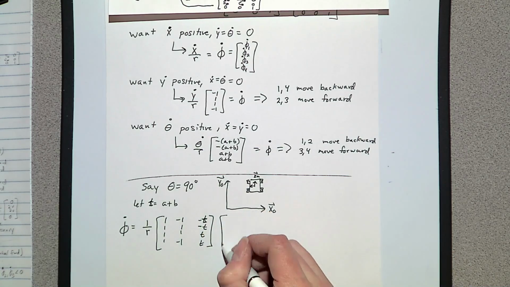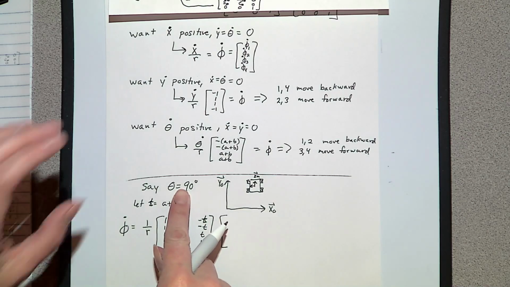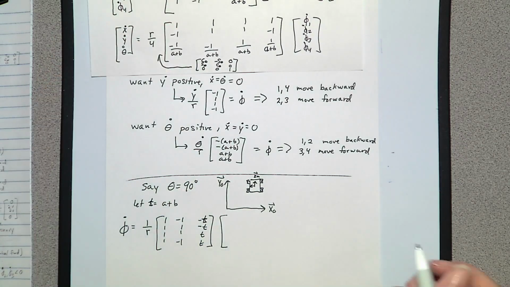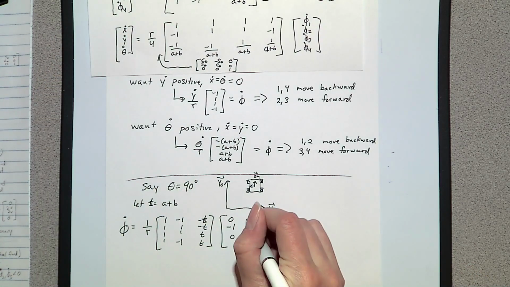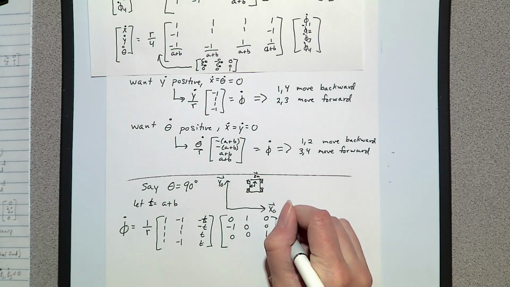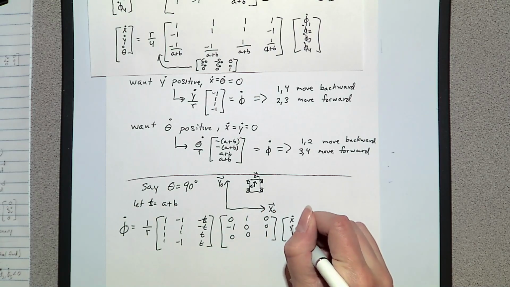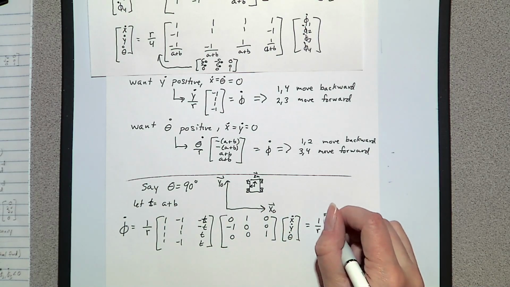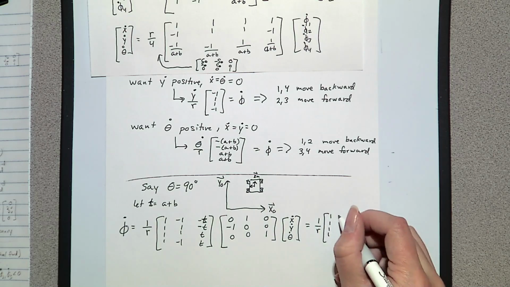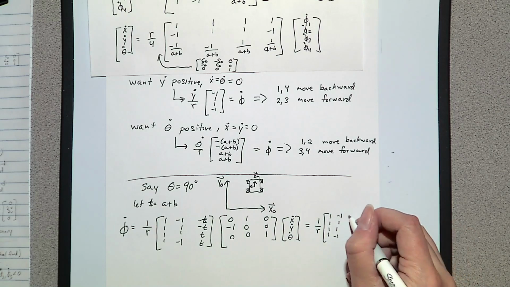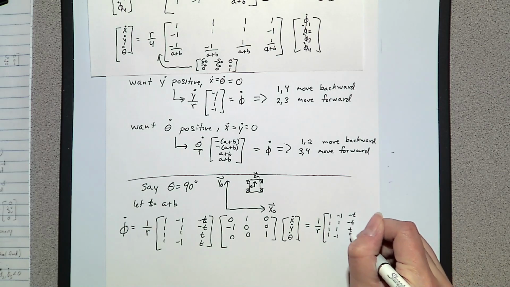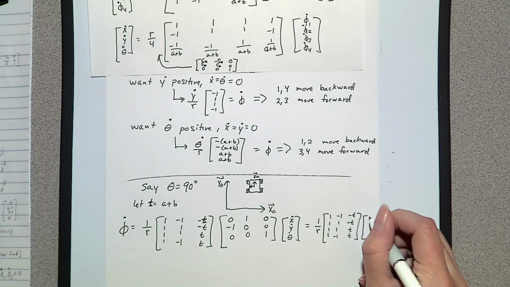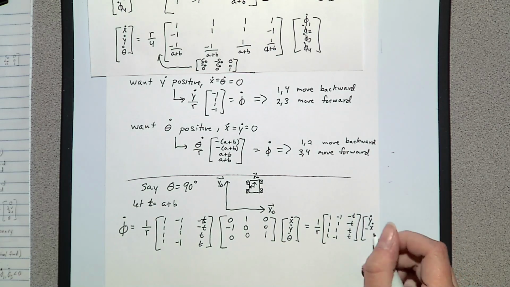And so now if we plug in 90 degrees to our rotation, then what we have is 0, minus 1, 0, 1, 0, 0, 0, 0, 1, times x dot, y dot, theta dot, which is 1 over r, 1, 1, 1, 1, minus 1, 1, 1, minus 1, minus t, t, t. And so I'll just multiply this part out, and what we have is y dot, minus x dot, theta dot.